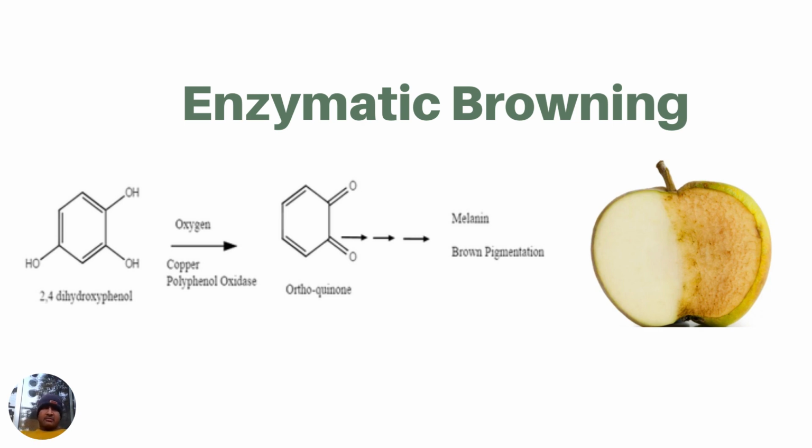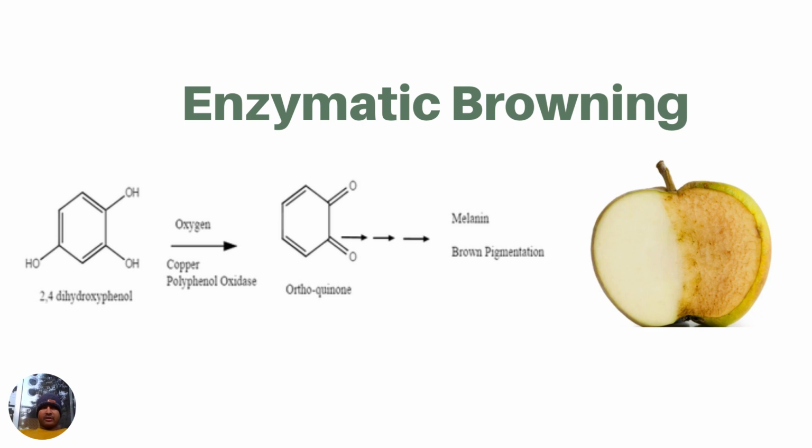The name of the enzyme is polyphenol oxidase or peroxidase. It can be anything. So this enzyme, polyphenol oxidase for example, oxidizes the phenol into orthoquinone, as you can see here in this structure.